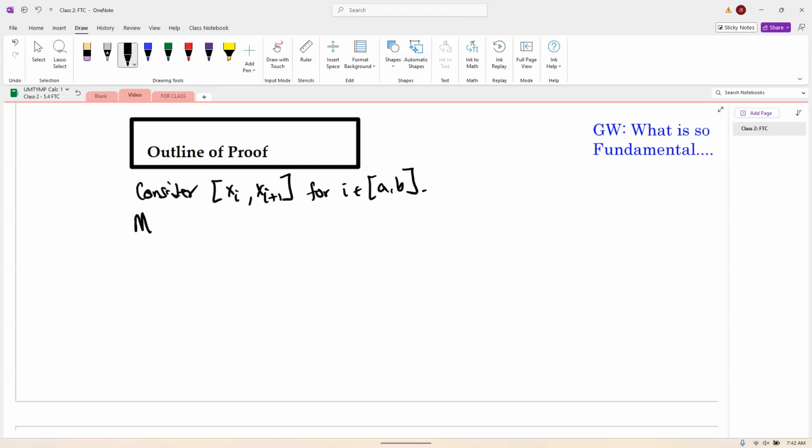Then we know by the mean value theorem that the only condition is continuity of the function, which we have by the hypothesis.